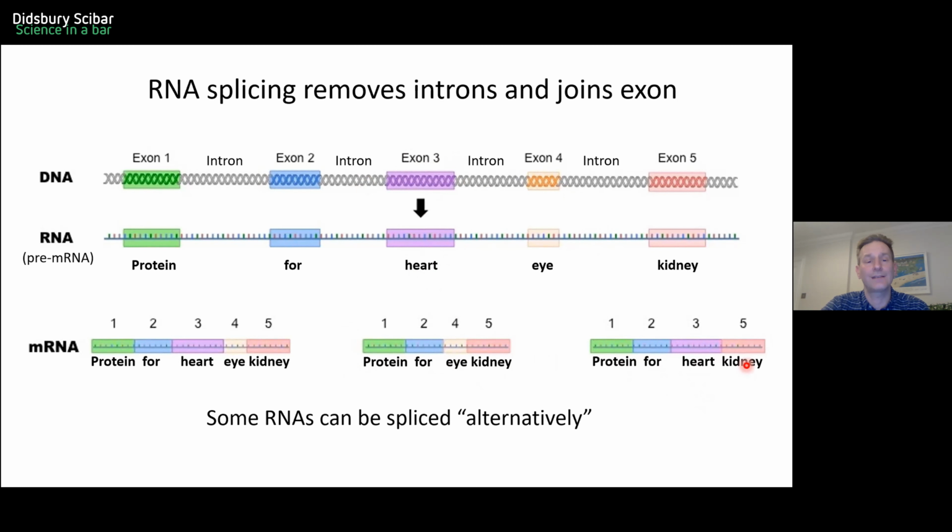So some of these RNAs can be spliced alternatively. So if you have a gene, you can get all the exons being included like you see here, or you could get some variation on those exons being joined together, and you can get different functions for these RNAs, and they make different proteins. So some RNAs can be spliced alternatively.